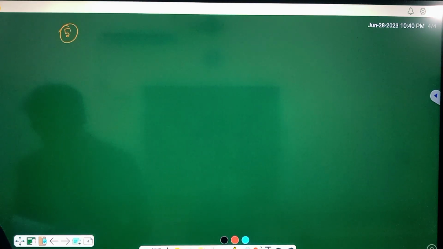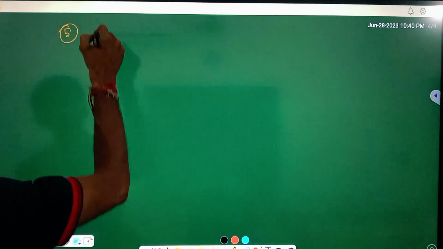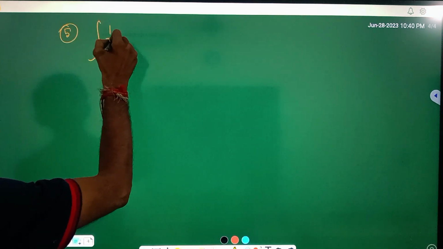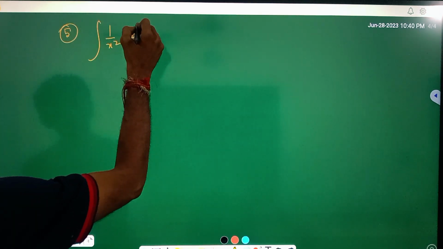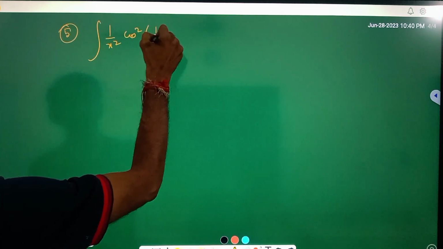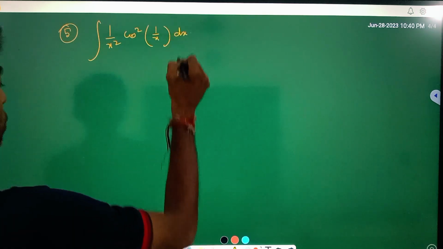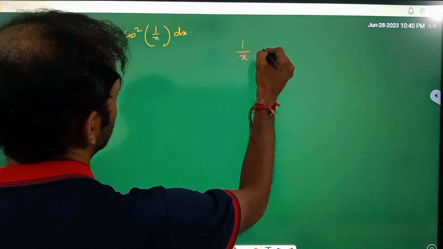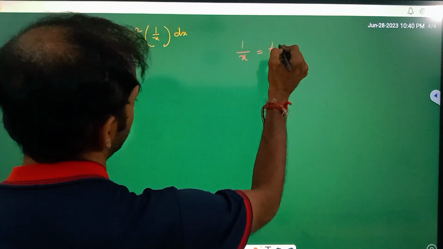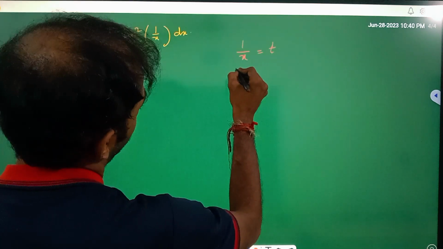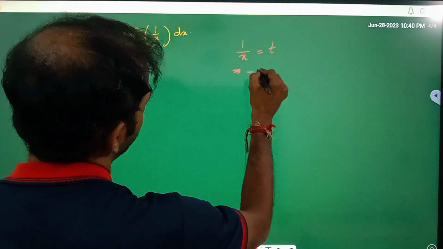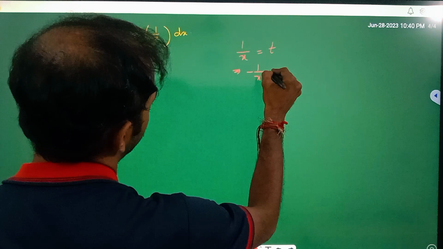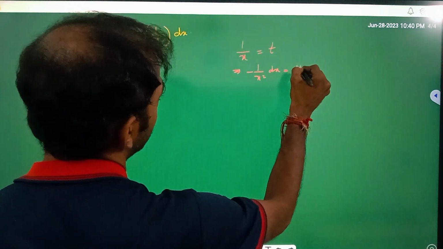Fifth problem is integration 1 by x square cos square 1 by x dx. That's our fifth problem. Now what will be the substitution here? You guessed it right, actually 1 by x we are going to substitute as t, then differentiation of 1 by x will be minus of 1 by x square dx, and that will be dt.